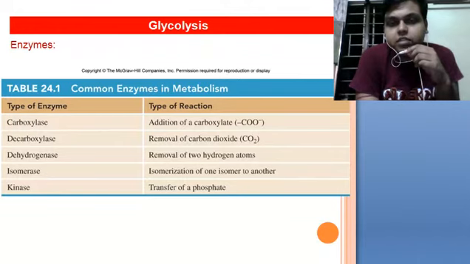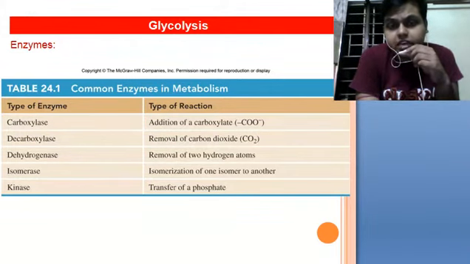Now these are the common enzymes involved in glycolysis. The first type is carboxylase, which catalyzes the addition of carboxylate. The second is decarboxylase, which involves removal of carbon dioxide.